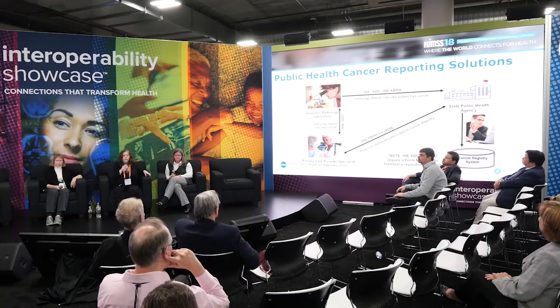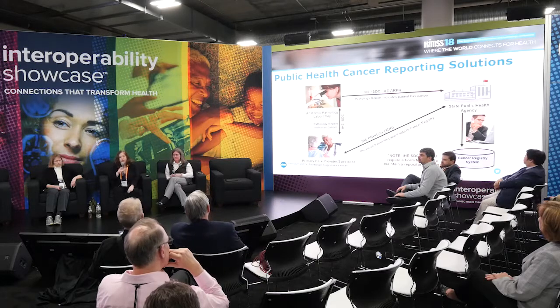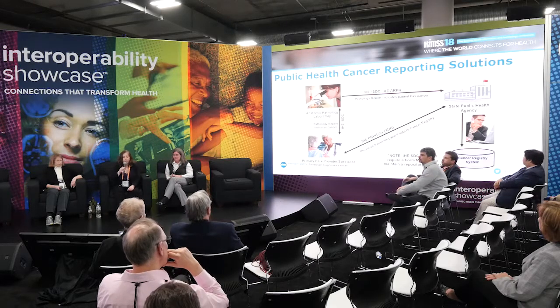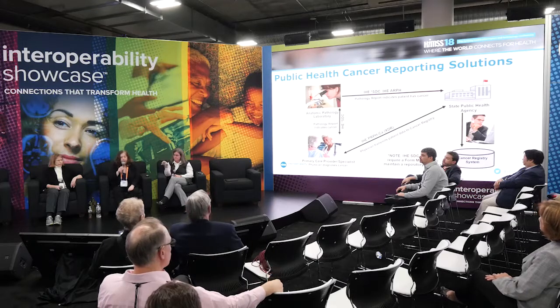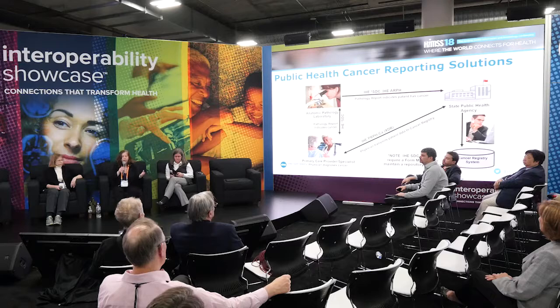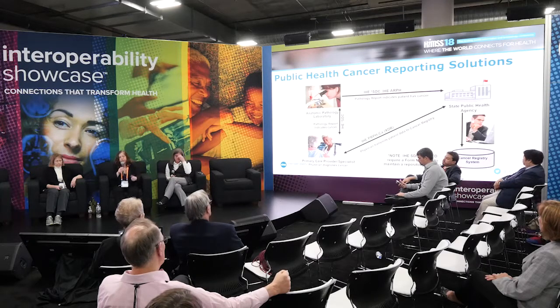One of the key points here, as I mentioned earlier, is that cancer registries receive data from multiple different sources. So this summarizes, as you can see, that they can get a report from the primary care provider or specialist, basically a physician that diagnoses or treats cancer, and that would be that PRPHCA content, or the implementation guide that's in the meaningful use stage 2 or 3 formats, as I mentioned.